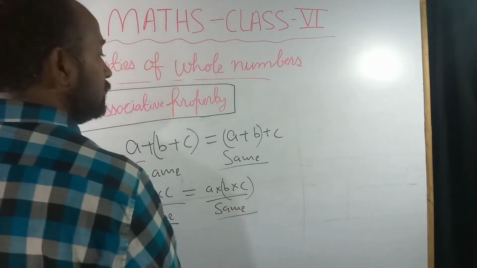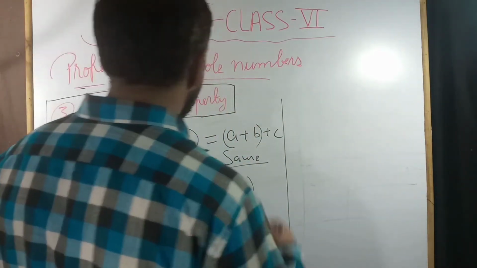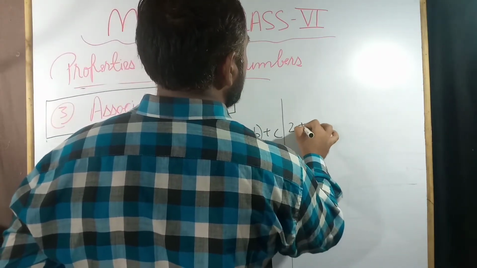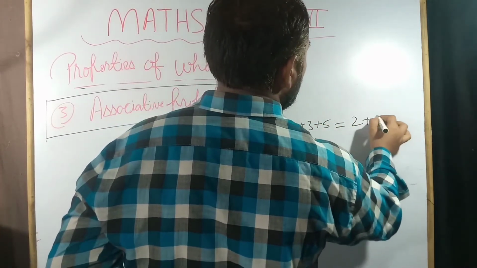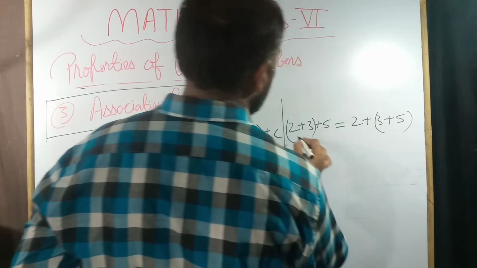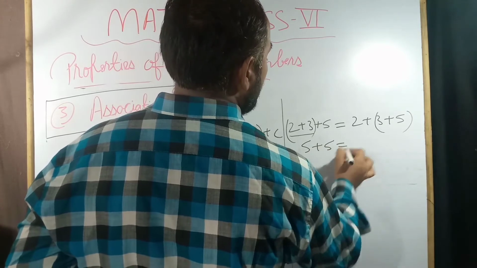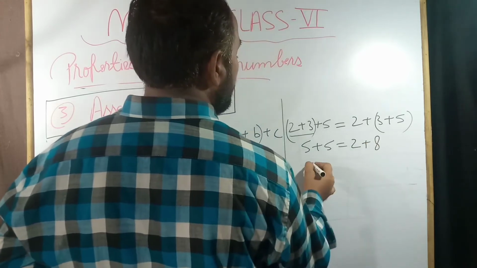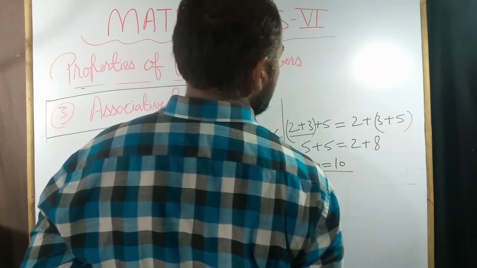Now we take some examples. 2 plus 3 plus 5. I'm making a pair of this and a pair of this. First of all we add 2 plus 3, which is 5, plus 5 is 10. Here 3 plus 5 is 8, plus 2 is 10. In all the cases the answer will be the same.